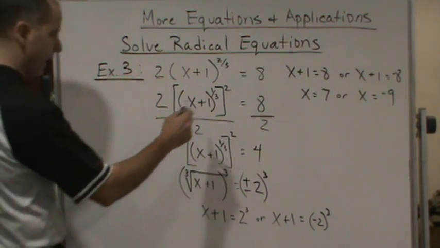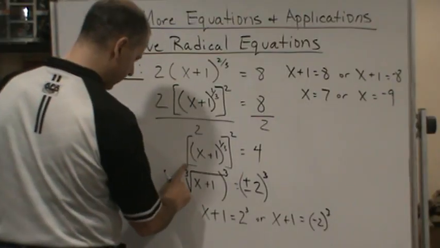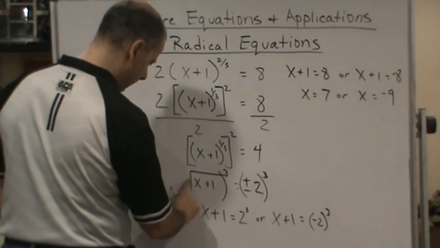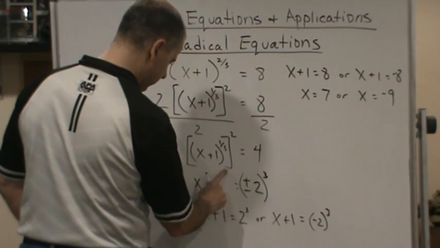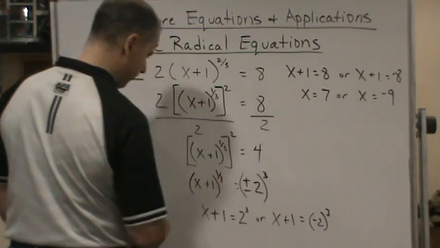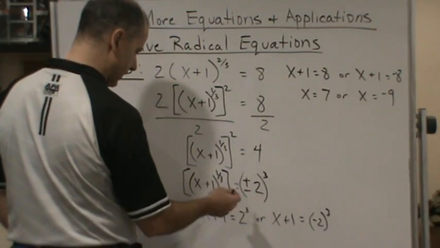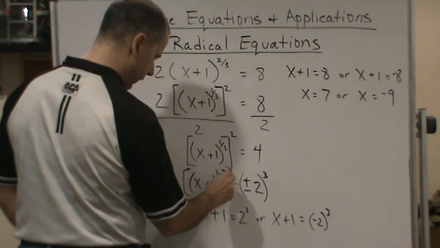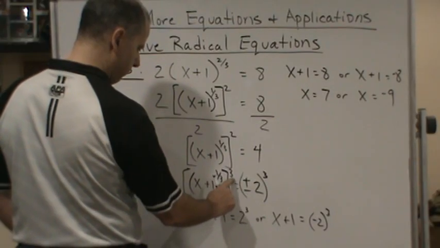Now, before we test these, also notice back here, if I left this as an exponent of 1/3, and I raise both sides to the power of 3, by the power rule, a power raised to a power, we multiply these.